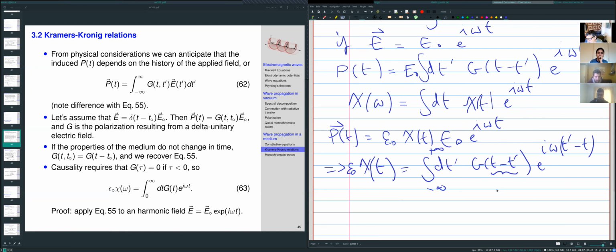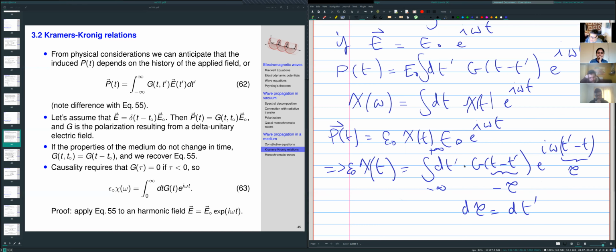Okay, so let's call this minus tau, and this is tau. So that d tau is equal to dt prime.